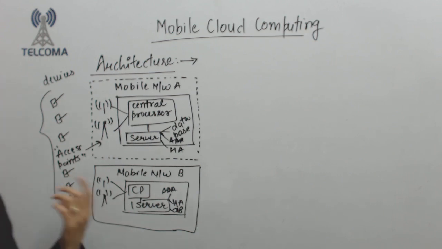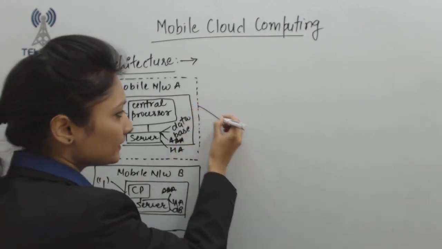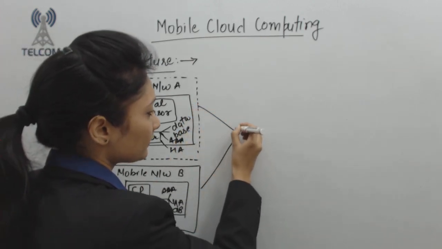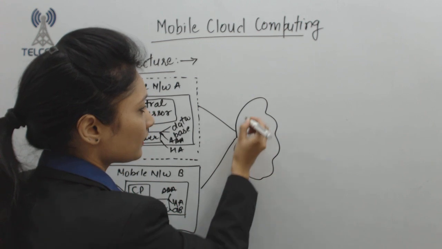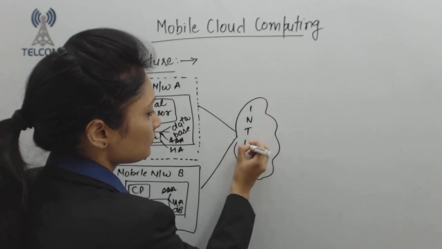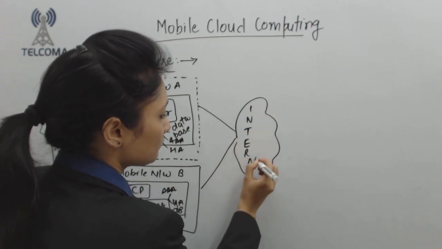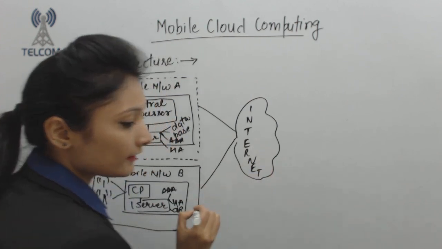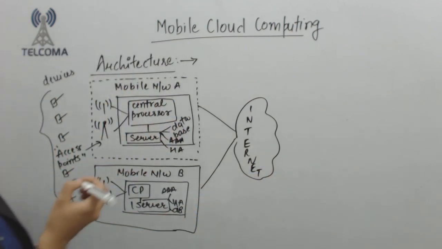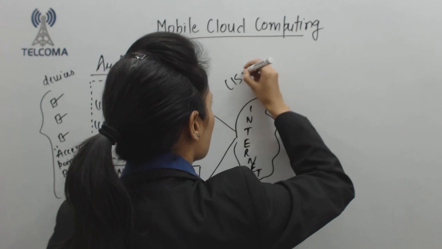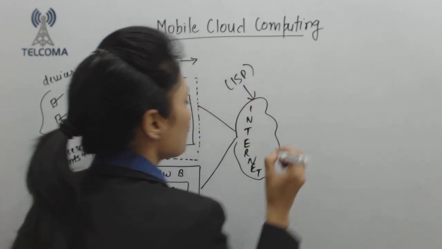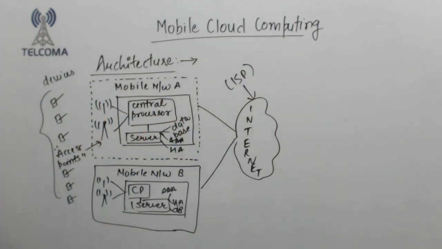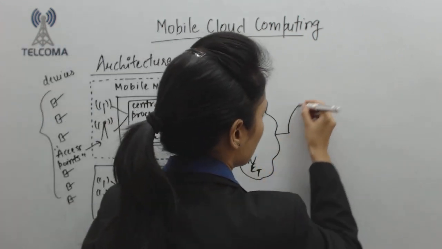First of all, these devices are connected to these mobile networks. Now this network is further connected to the internet. It means here we have some ISP, internet service provider. After that, through this internet we are connected to the cloud computing platform.